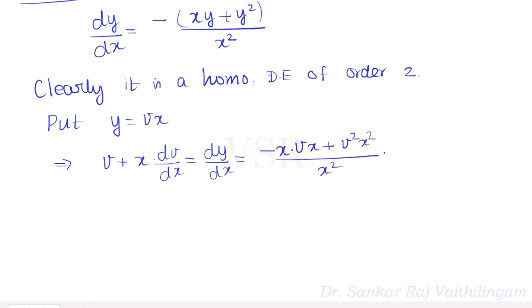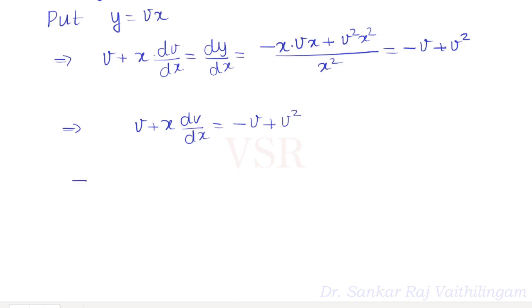So that is equal to, cancel பண்ணா, minus v plus v square. அப்போ this implies that v plus x dv by dx, which is equal to minus v plus v square. அப்போ this implies that x into dv by dx, which is equal to, இது அங்க போச்சுன்னா என்ன கிடைக்கும் உங்களுக்கு, that is minus v plus v square minus v, so that is equal to minus 2v plus v square.